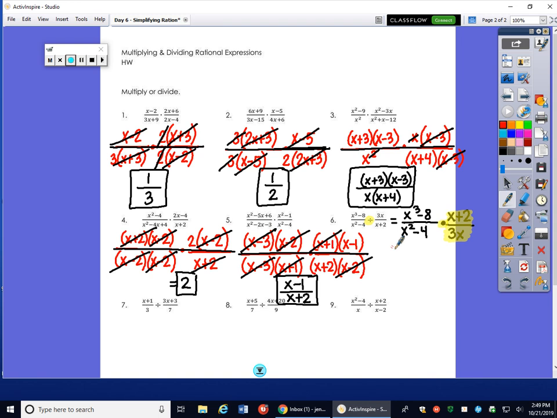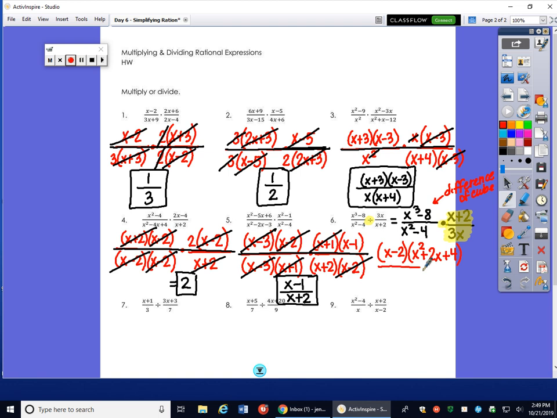So we factor the x cubed minus 8. This is a difference of cubes. We haven't had one of those yet. Difference of cubes. So it's going to be x minus 2, because 2 cubed is 8, and then times x squared plus 2x plus 4.